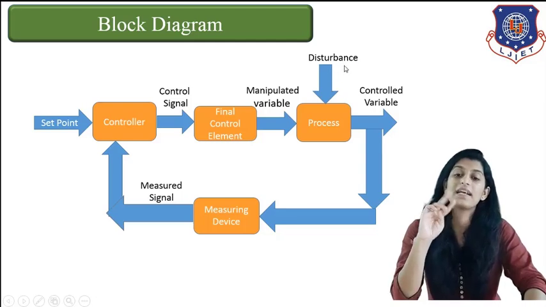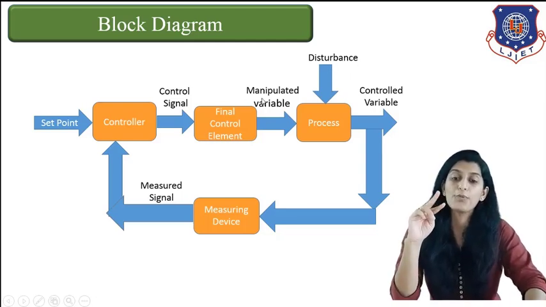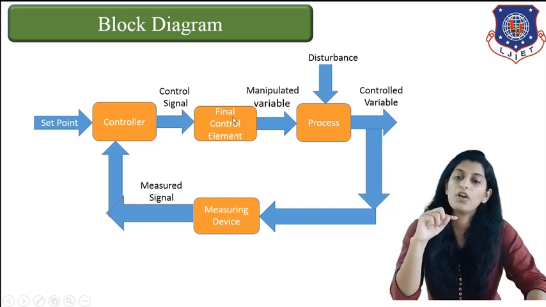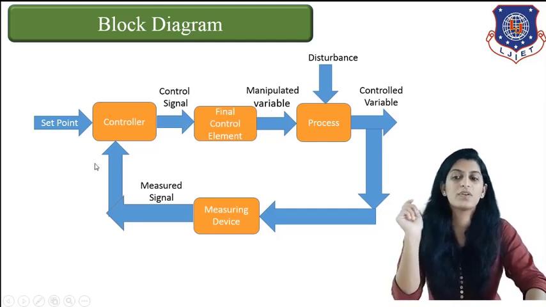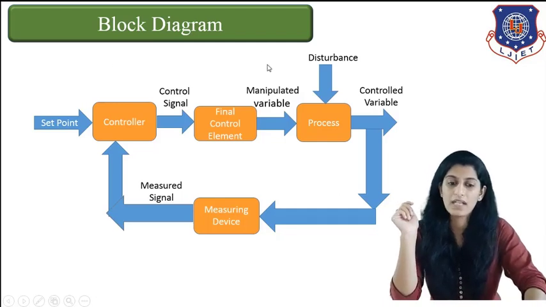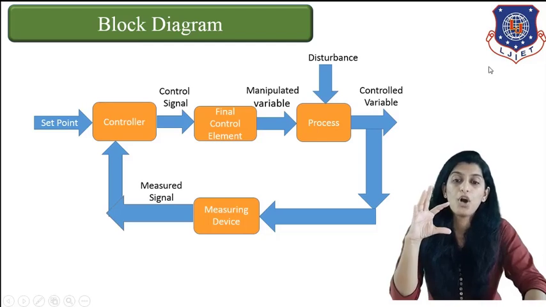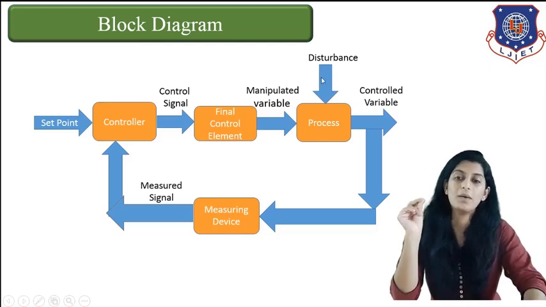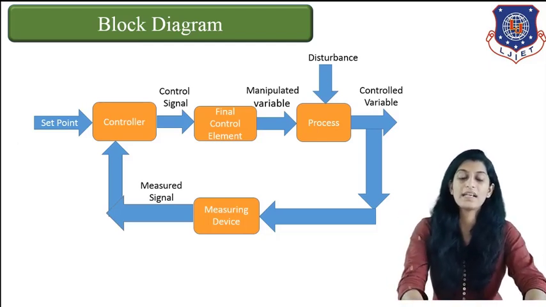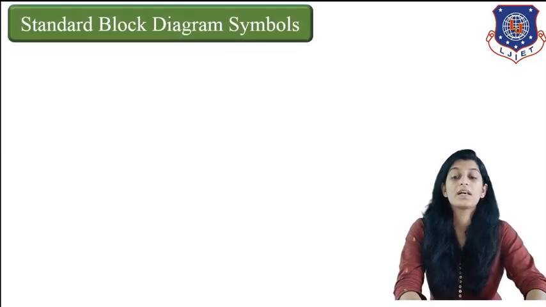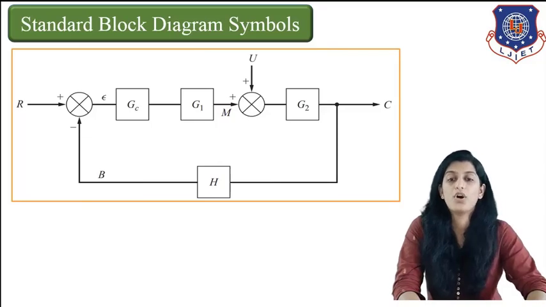We will compensate for the disturbance by manipulating the error sent by the controller. Is it clear? So this is your entire block diagram and this is how the entire control system works. Now let's see another topic, which is the standard form of block diagram.